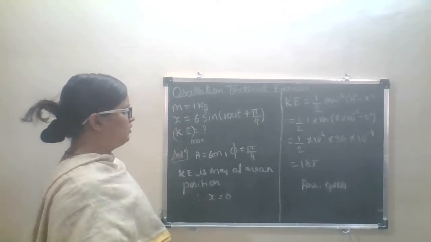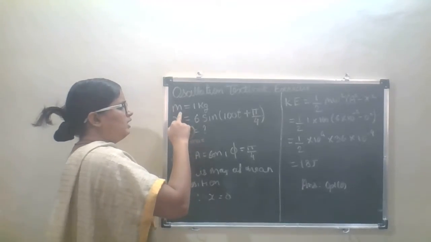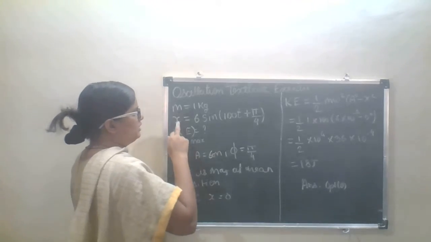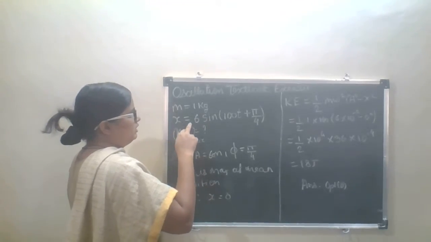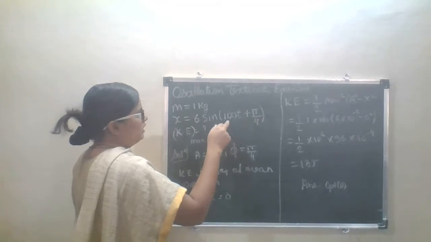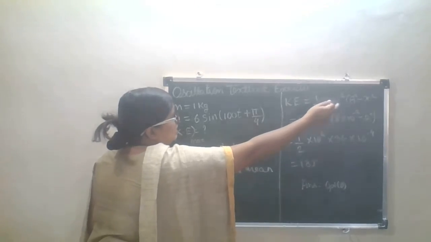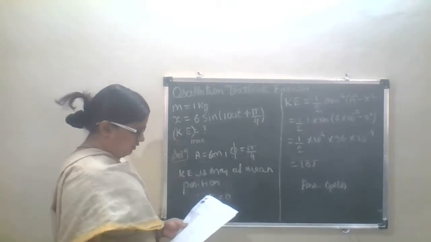From your textbook, given is m is equal to 1 kg, and x is given as 6 sine omega t; instead of omega here it is 100, so we have written omega as 100.